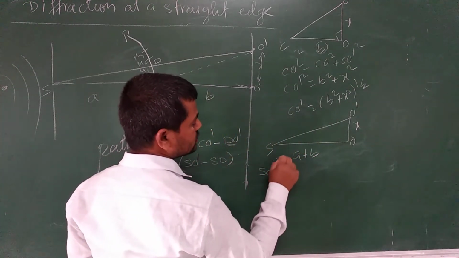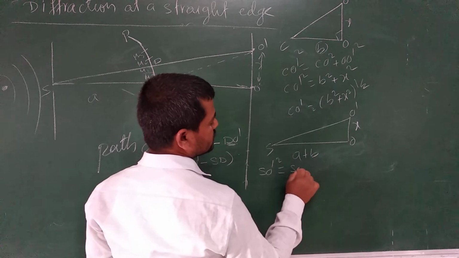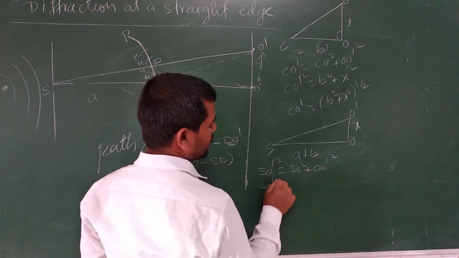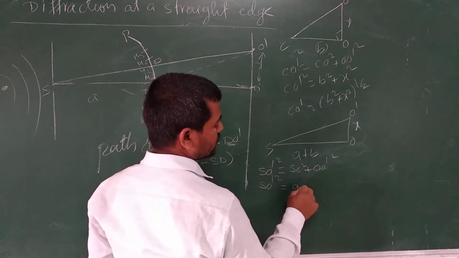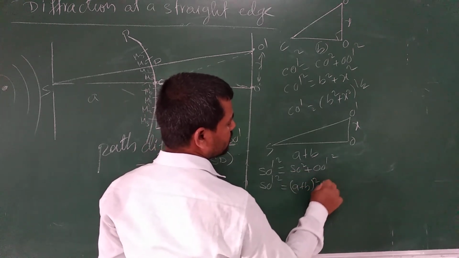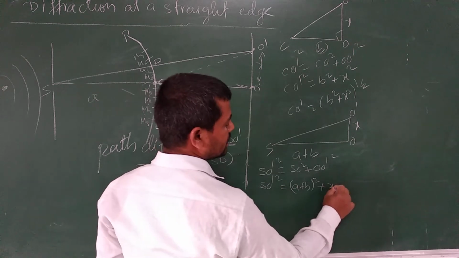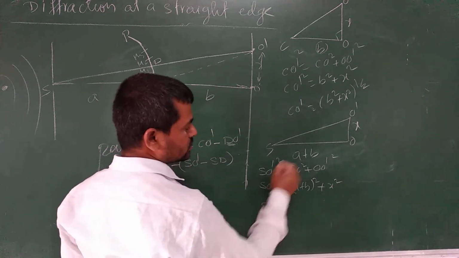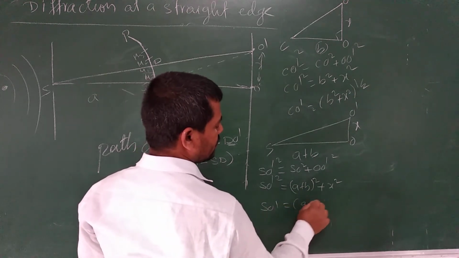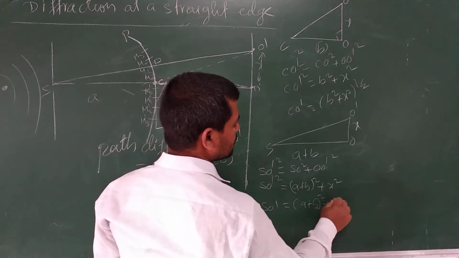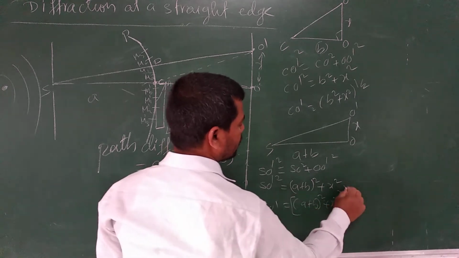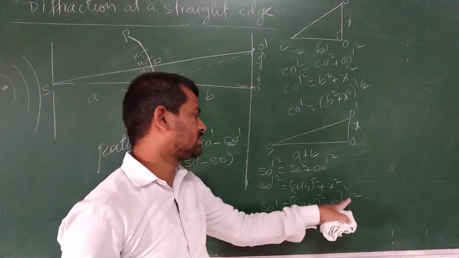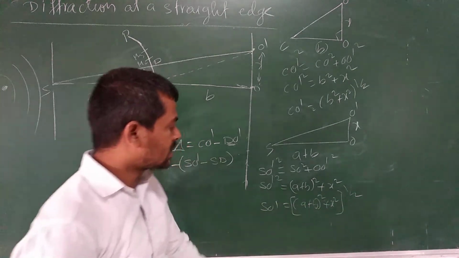So S0 dash square is equals S O square plus O dash square, S0 square means A plus B whole square plus O dash is X square. Now bring that to this side: S0 dash is equals to A plus B whole square plus X square power 1 by 2.